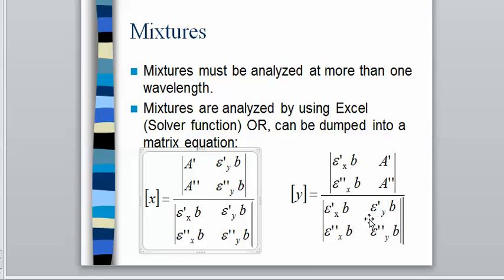Okay, so the deal here is that in my version, I leave off the b's. And the reason I leave off the b's is because it makes the matrix look a little bit better. But most of the time we're assuming it's a 1 centimeter cuvette. And I don't need to be putting ones in here to solve for this problem, because anything multiplied by 1 is the same number.